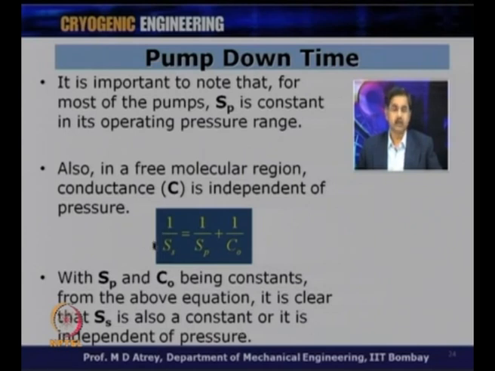If I knew the time dependence, I could put that in the earlier expression, but because Sp and Co are fairly constant with time, I can say that Ss can also be considered independent of time. So, we can have this assumption of system pumping speed as constant.